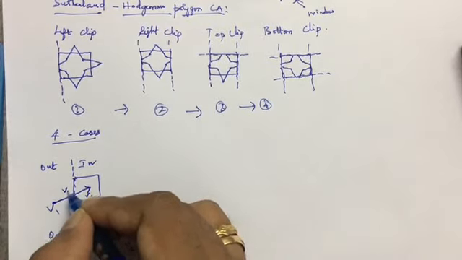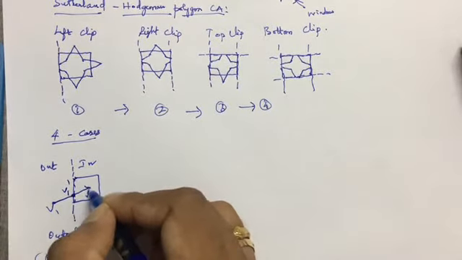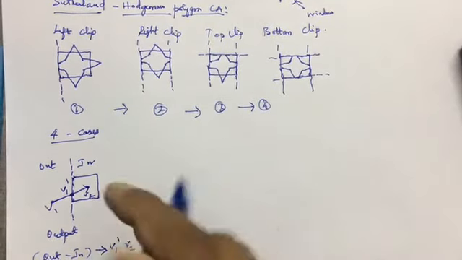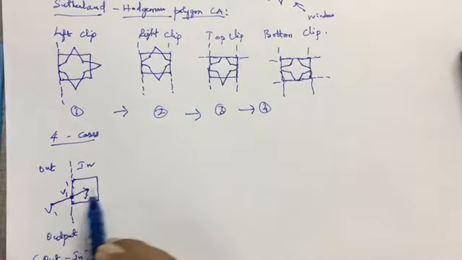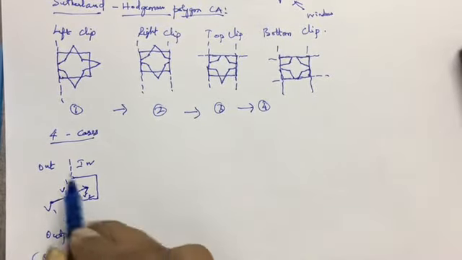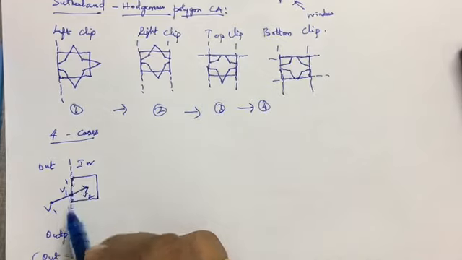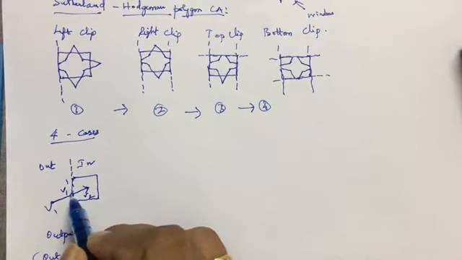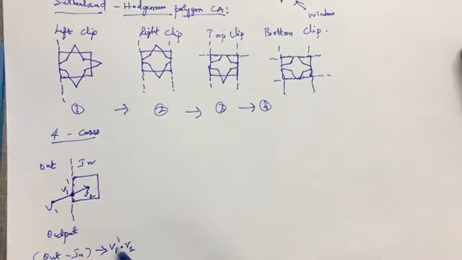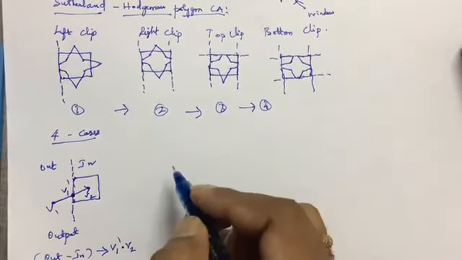For clipping, we have to consider the end position, V1 to V2. In this case, from outside to inside, it crosses the margin, and so a third point V1 dash is formed. So the output will be V1 dash, V2.